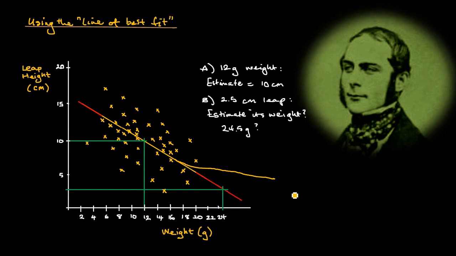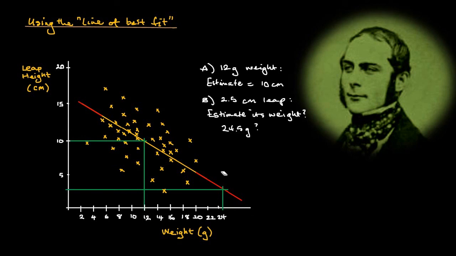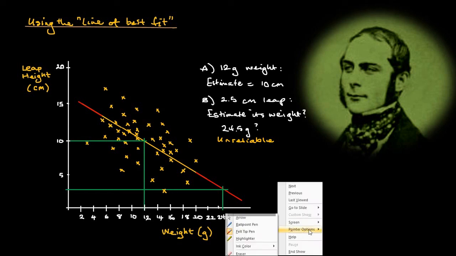This really is the unreliable part. So if we're asked, can we estimate, or should we estimate the weight of the frog, then we really would have to say not reliably. So it's unreliable beyond the data spread. And in fact, the further out we get from the center where most of the probability lies, the less reliable it gets, even out to here.